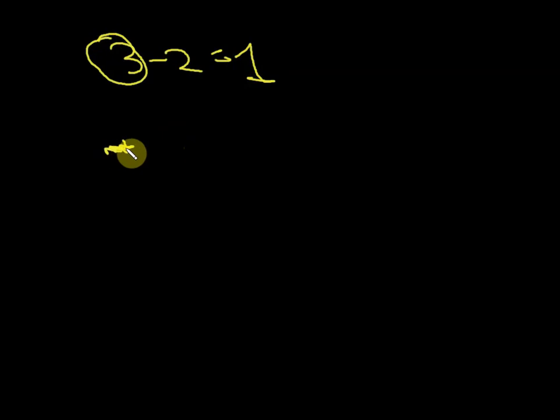So let's scratch this out for now, and let's just use x minus 2 equals 1. Right? So this is kind of a mystery. We're trying to figure out, well, what can we subtract to get 1? You can do a lot of things. Trial and error is one.